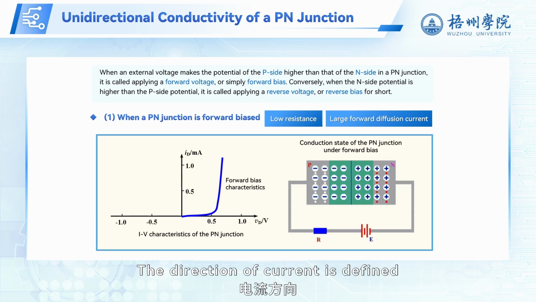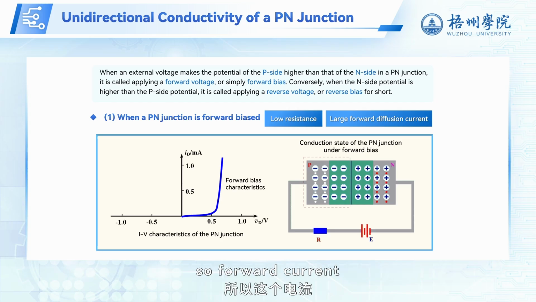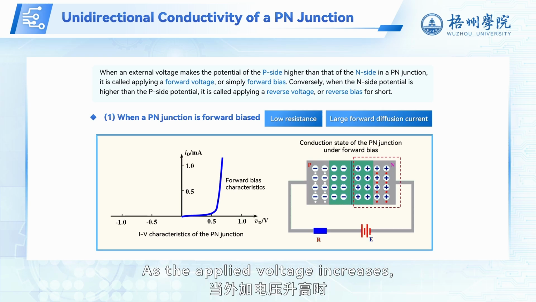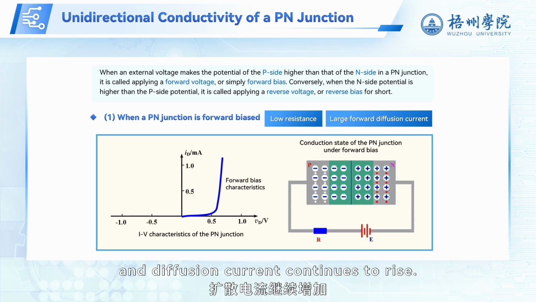The direction of current is defined as the direction of positive charge flow. So forward current flows from the p-side into the n-side. As the applied voltage increases, the p-n junction's electric field is further weakened, and diffusion current continues to rise.